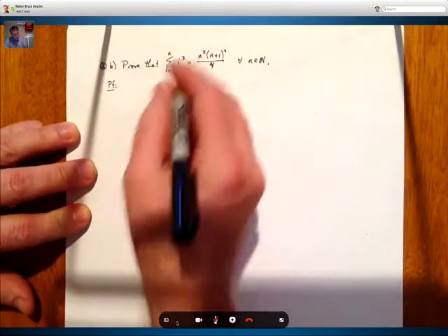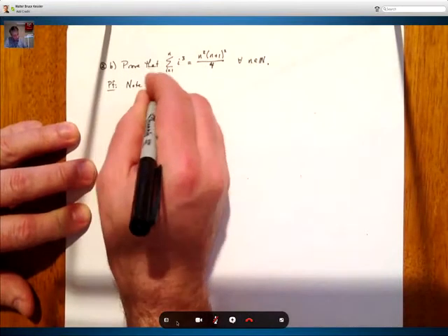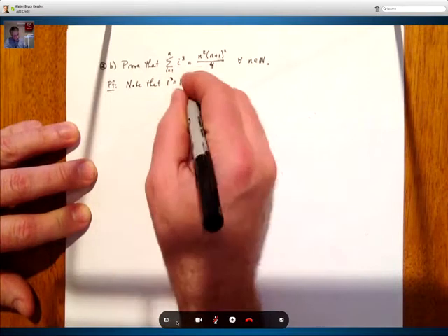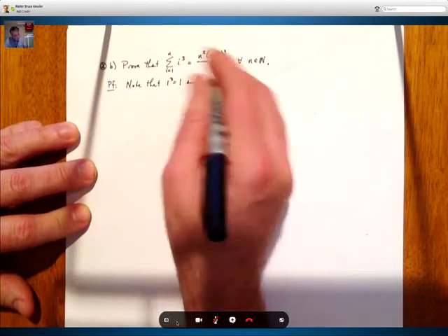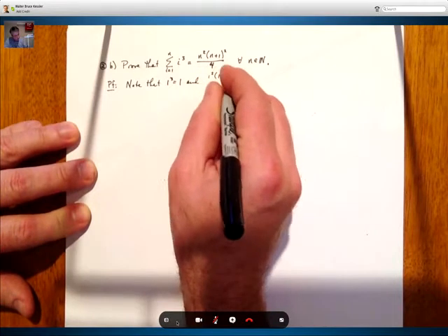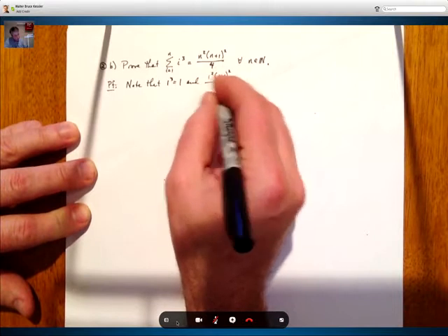Okay? So again, if we're going to prove this using induction, my proof would look a little something like this. I would say, okay, note that, it's going to look very similar. Note that 1 cubed is 1. And let me look at this formula. 1 squared times 1 plus 1 squared over 4.